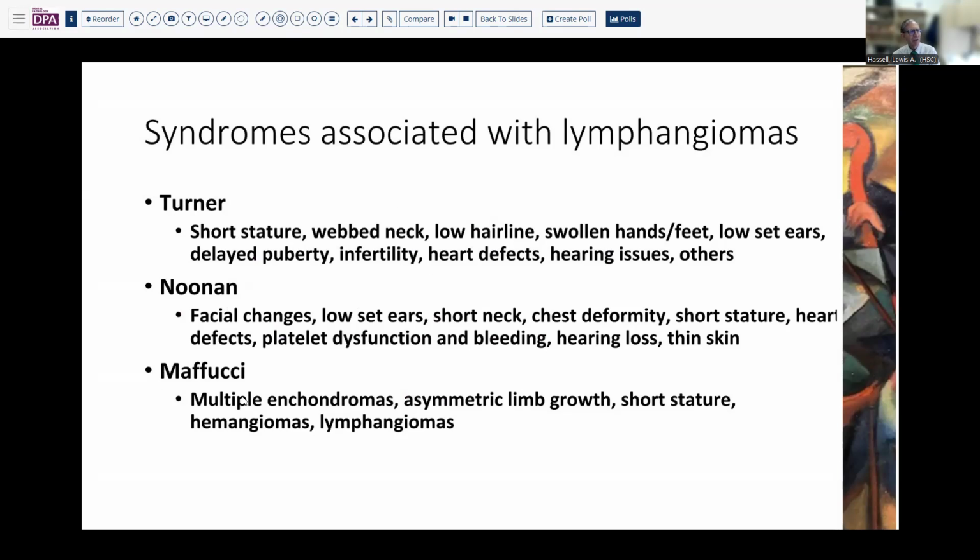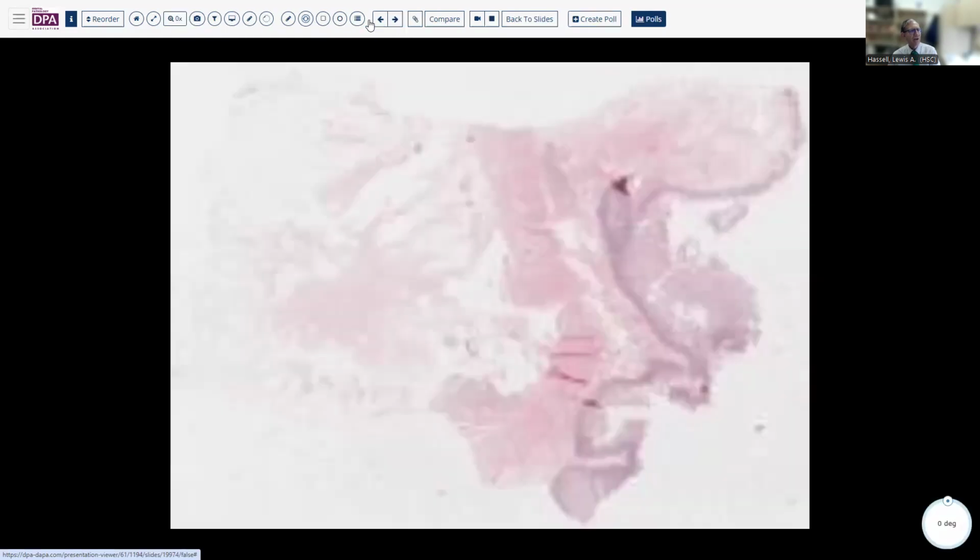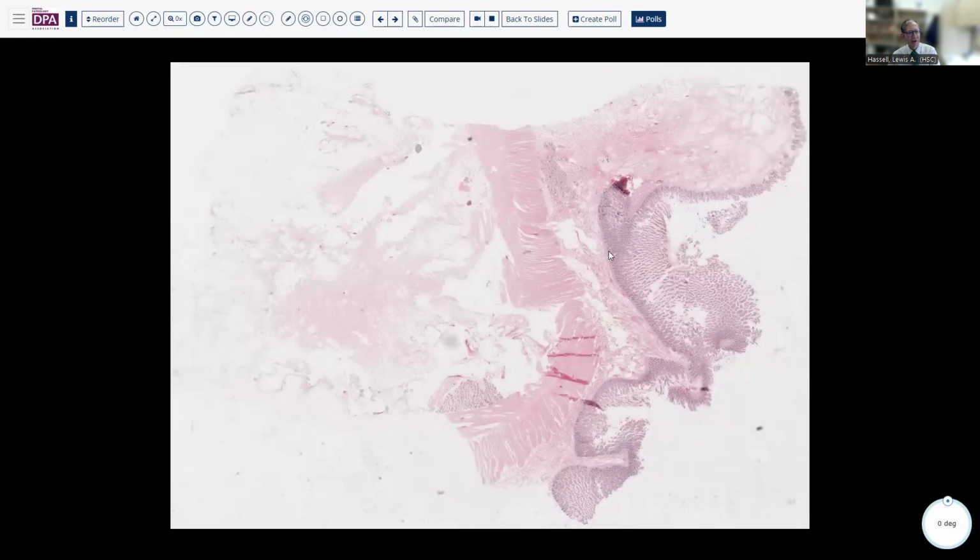But Maffucci syndrome may not be detected at an early stage unless we've got considerable asymmetric limb growth along with short stature. But this can also be associated with hemangiomas as well as lymphangiomas and the enchondromas that we've discussed in previous videos. So I included here a number of additional slides to just illustrate this.